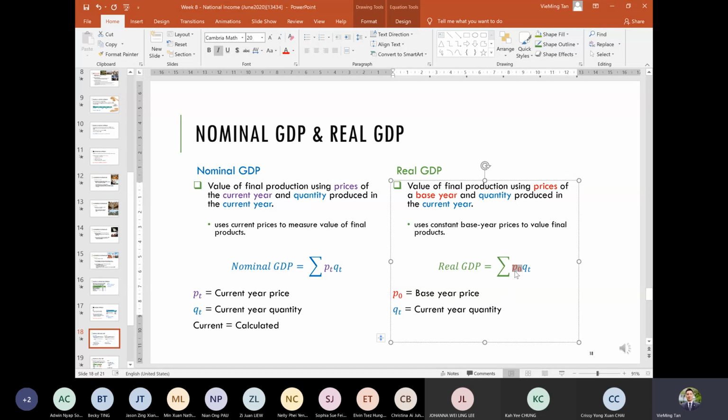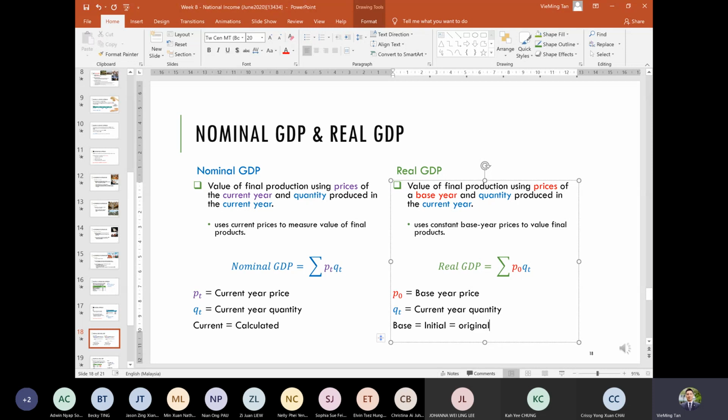What is the meaning of base year? Base year refers to the original year or initial year. Okay. Base means initial, or original year.